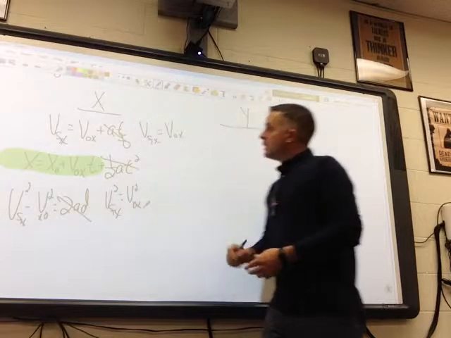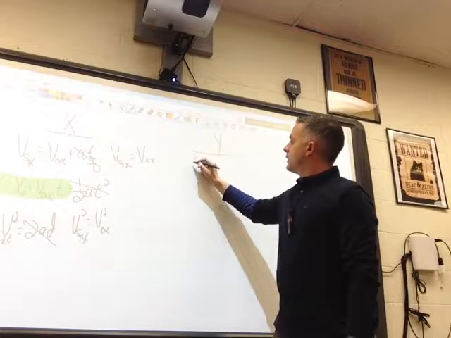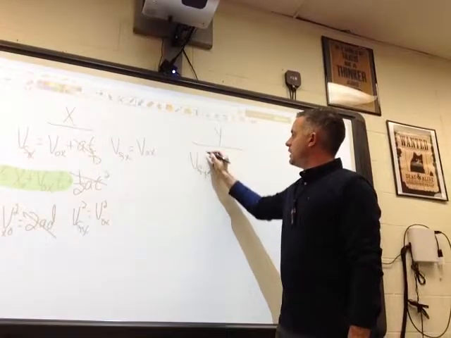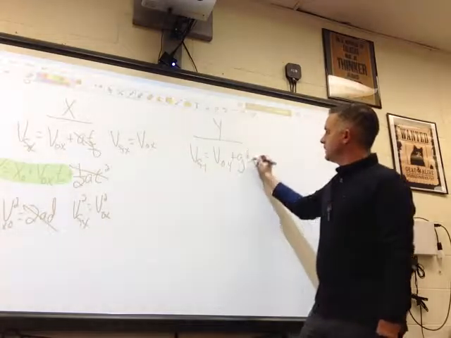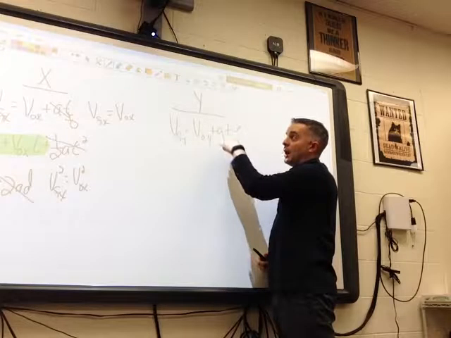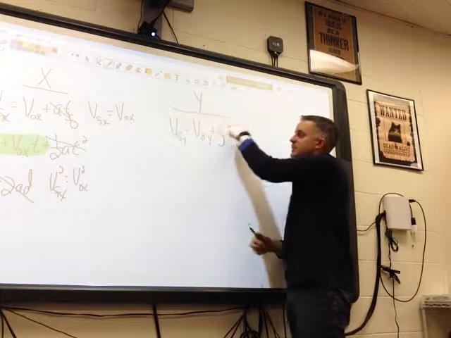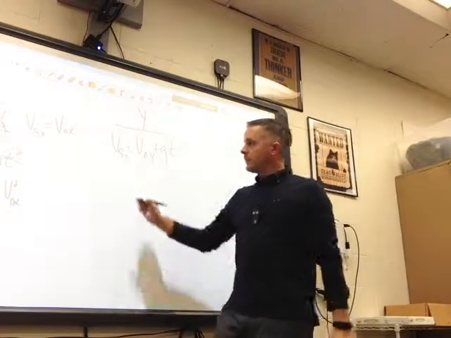Okay? If we look at the y, right? This one doesn't change too much, right? So it's just v sub o y plus gt. This is just telling us that obviously it's speeding up, right? Because this is causing it to speed up as the droplet falls, right?